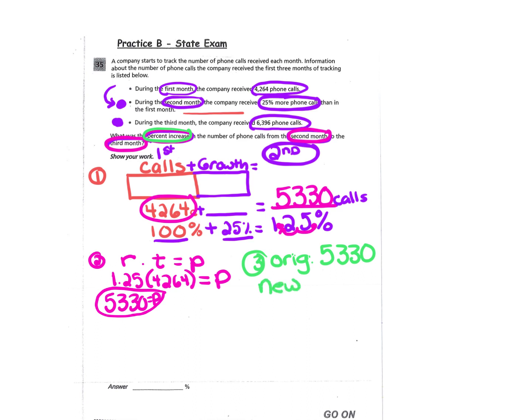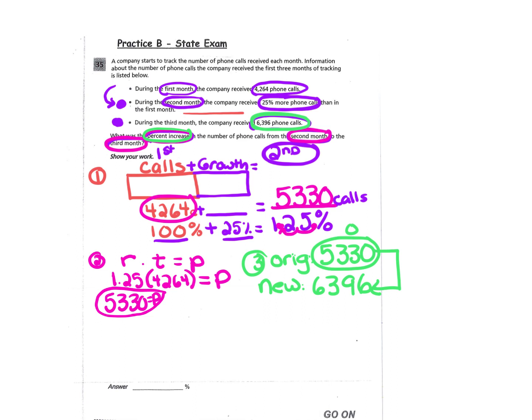And the new amount, which is the third month, is 6,396 calls. We need to calculate the difference. So this is our O, original, but now we need to subtract to find the D, difference, or the growth.